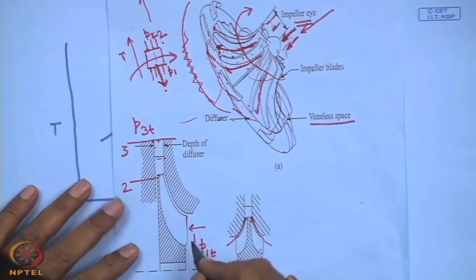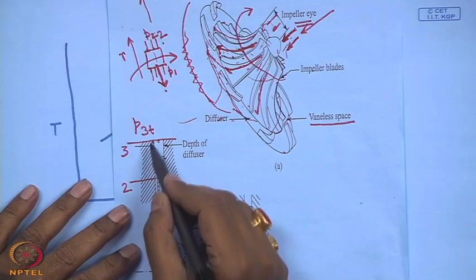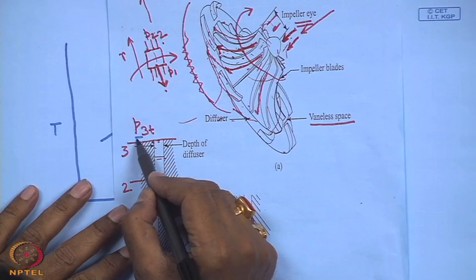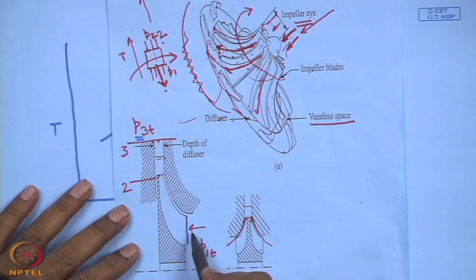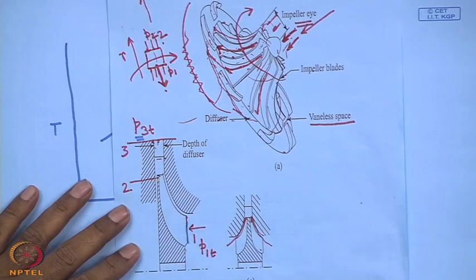If you see this figure, this is the inlet to the compressor, that is the impeller, and this is the outlet, the final pressure rise. If we show this P3T and P1T, I want to find out the total pressure rise in the compressor.